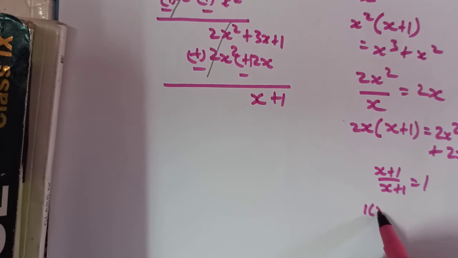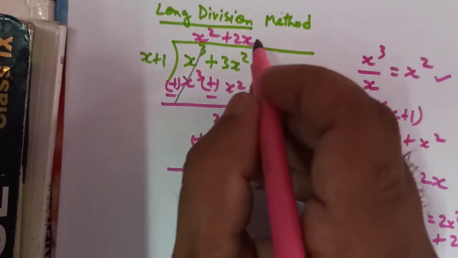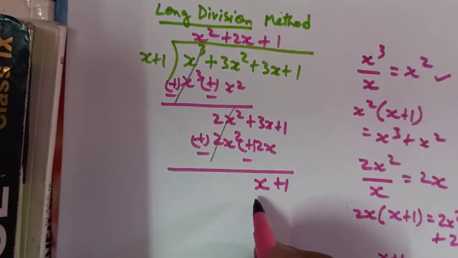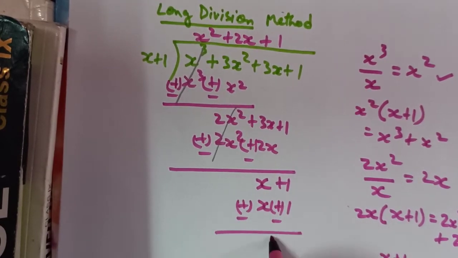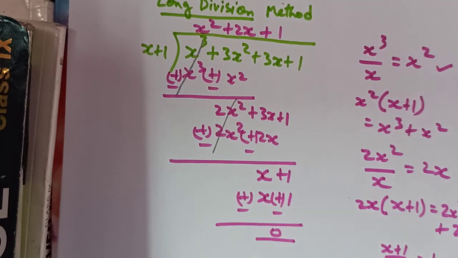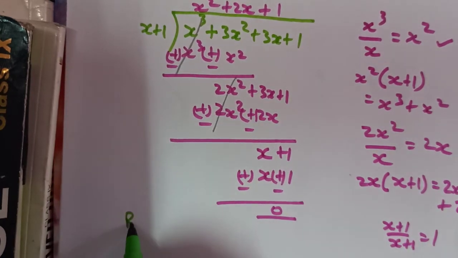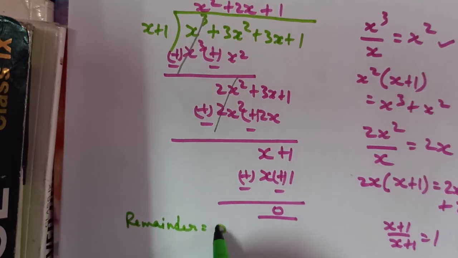I don't think we need to explain that, but still I am writing it here. So we write the third term of the quotient polynomial, that is plus 1, and this x plus 1. Then there will be a change of sign, plus and minus, and we get 0. That means we are getting the remainder equal to 0. So we have calculated the remainder of the given polynomial as 0.